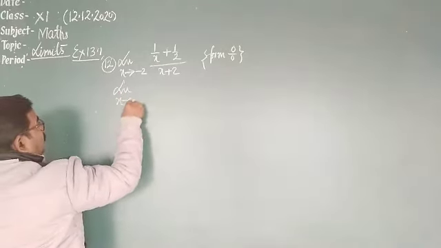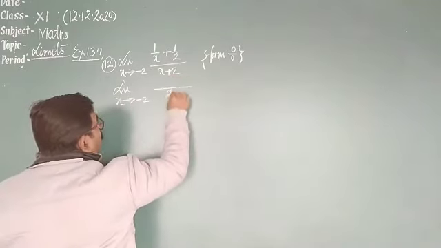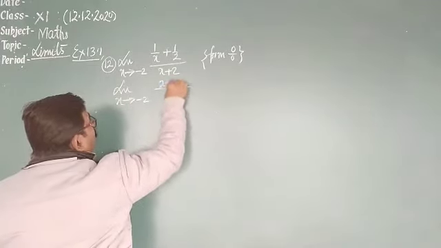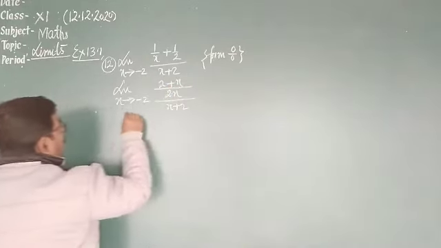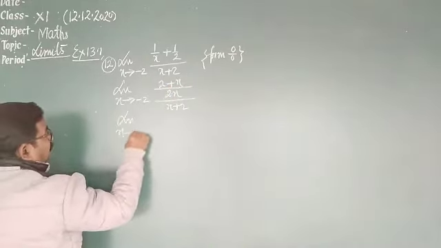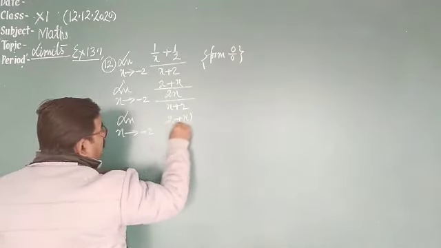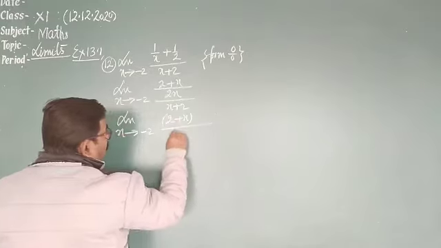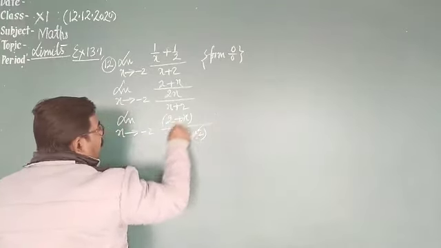Limit x tends to minus 2. Its LCM is 2x. We have 2 plus x upon x plus 2. So we have limit x tends to minus 2, 2 plus x upon 2x into x plus 2. So this will be cancelled.